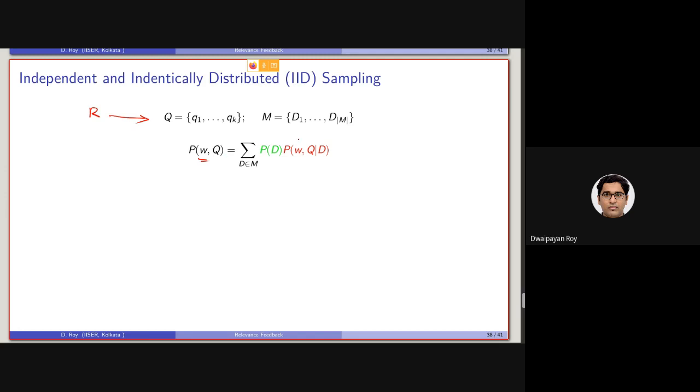So M here is the set of pseudo-relevant documents, the PRD, the top M after performing the initial retrieval. Note that this is after performing the initial retrieval.